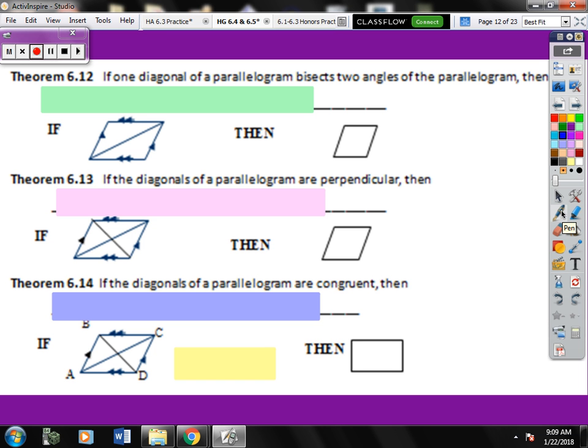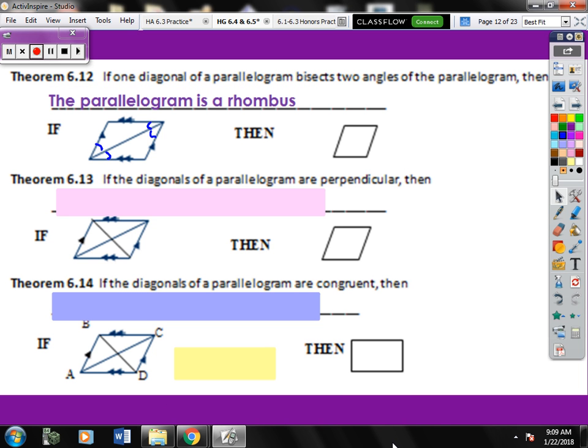If one diagonal of a parallelogram bisects two angles, so if you know that you have a parallelogram and one diagonal is bisecting the two angles, then it must be a rhombus. You can use the parallelogram symbol if you want, so you don't have to write the word out. So then we would know it is a rhombus. All four sides are congruent. So just the converse of the front.